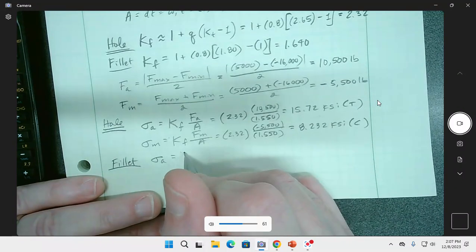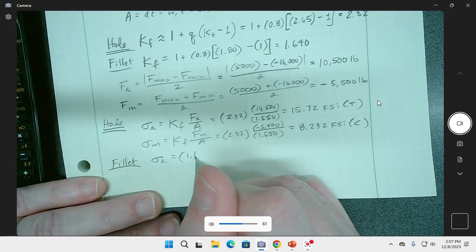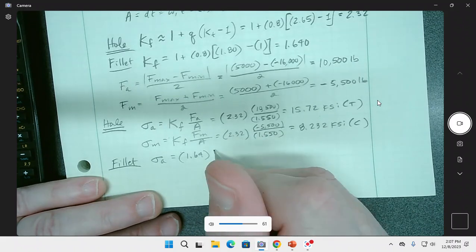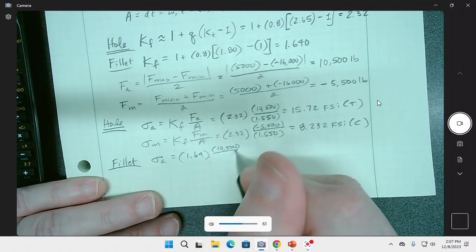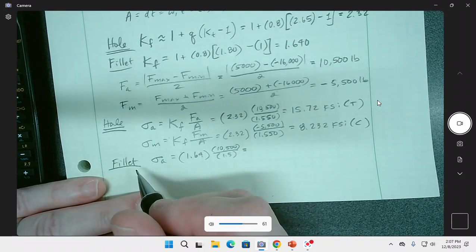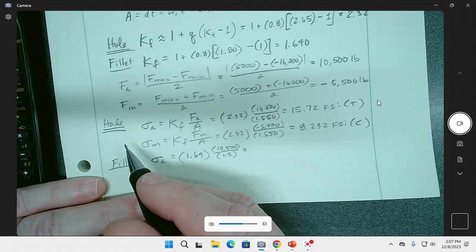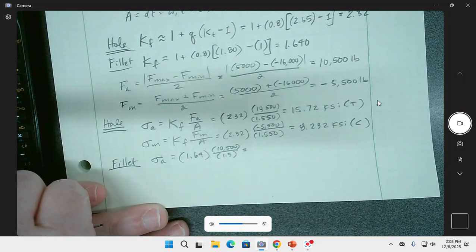Let's just write it out. That's going to be 1.64, and this is just a slightly different denominator, 1.5. We should really just use the life of the thing. We already know the fillet's not going to be as bad as the hole, I think. I can't think of a reason why it wouldn't be. It's got a lower stress concentration factor.